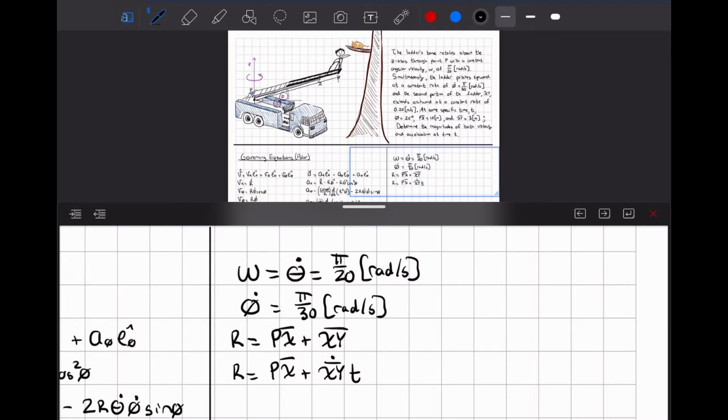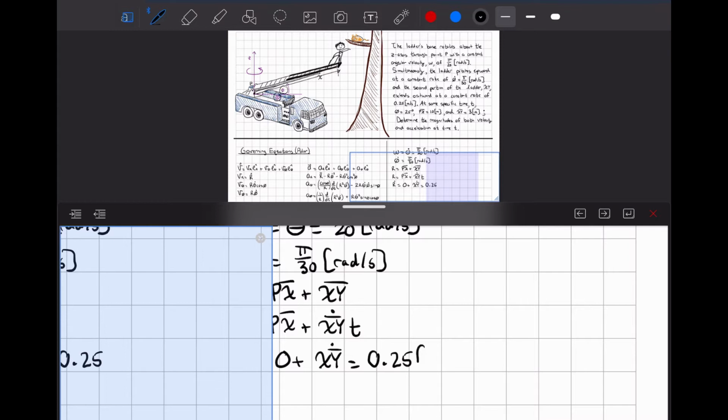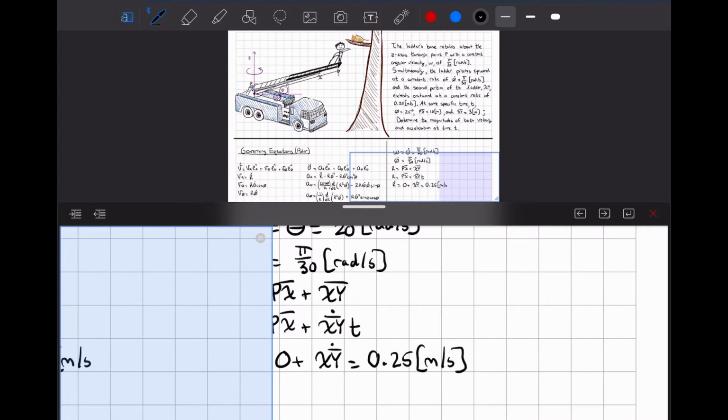Consequently, if we took a derivative of this to get r dot, the time derivative of px is just 0. So we'll have 0 plus, and we'll get rid of the t when we differentiate. And so we'll have xy dot, which is just equal to that 0.25 meters per second.